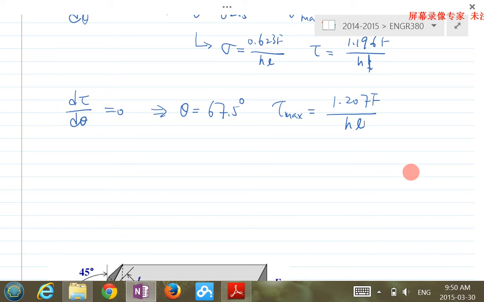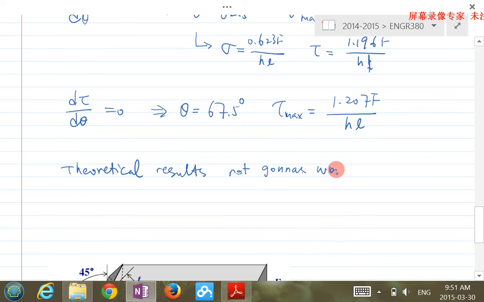So people come up with a so-called more conservative approach, which I'll show you why it is called so. Basically, the idea is that theoretical results are not going to work for all the cases.